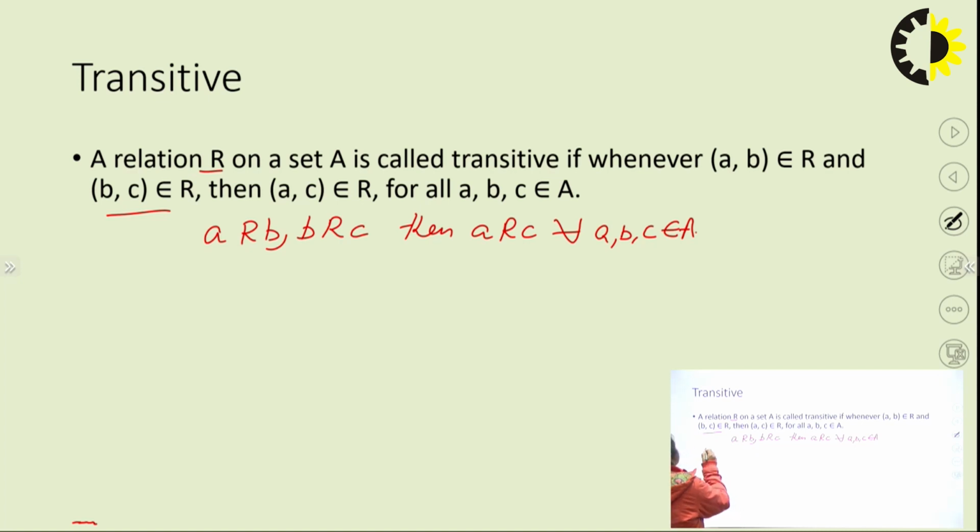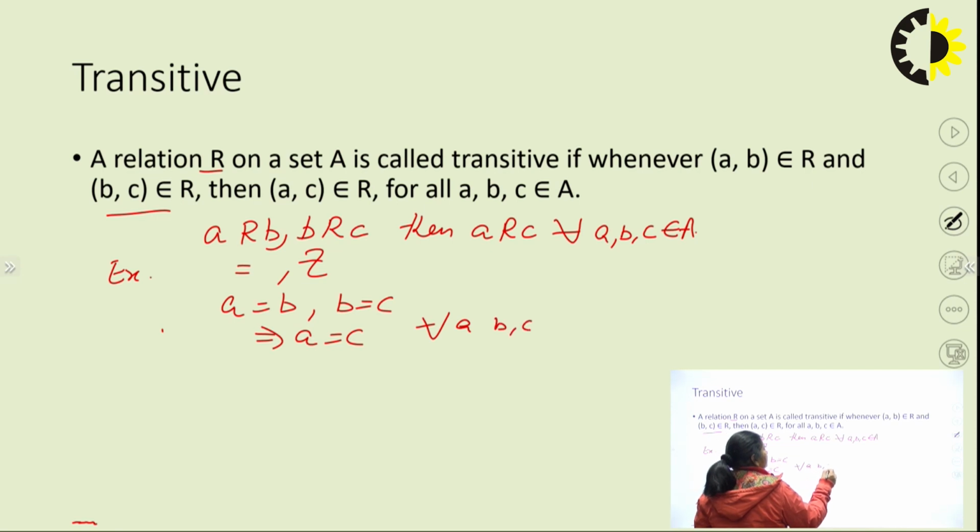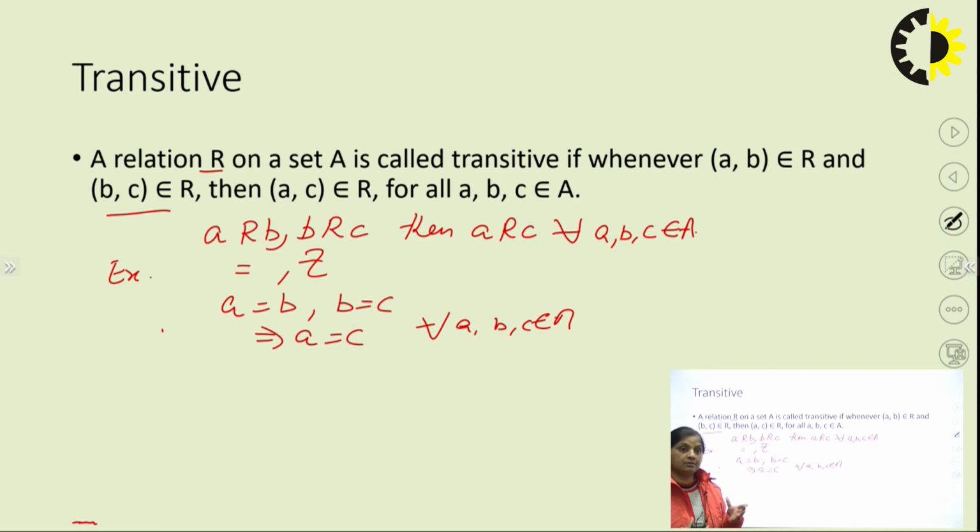So let us take an example. Let me take initially the equal relation on integers. When A is equal to B and B is equal to C in integers, then definitely A is equal to C for all A, B, C belonging to the set, that is Z, in this particular case. So this is a transitive relation. We can understand with another example: divisibility on the set of integers.